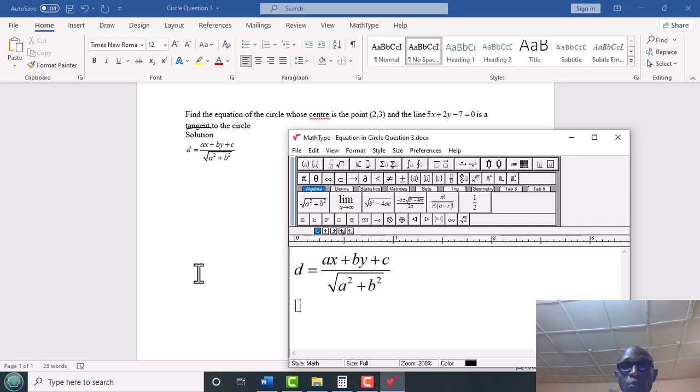So for this case, it is 5 into 2 plus 2 into 3 minus 7, all over the square root of 5 squared plus 2 squared.